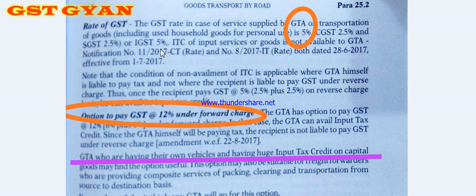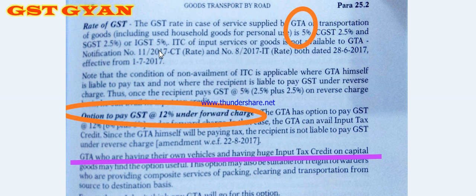And this is the rate of GST. Under reverse charge mechanism, in maximum cases, it is 5% only. If it is interstate, then it is IGST 5%. If it is intrastate, then it is 2.5% CGST and 2.5% SGST.